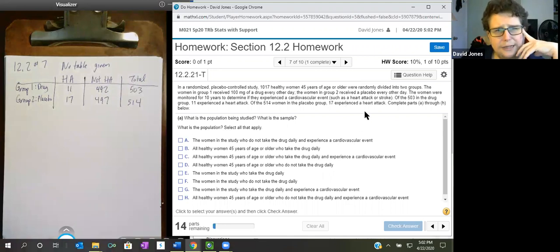What is the population being studied? What is the sample? The population are women 45 years of age or older. Healthy women, and it's all of them. All healthy women 45 years of age or older. And take the drug or think they're taking the drug.